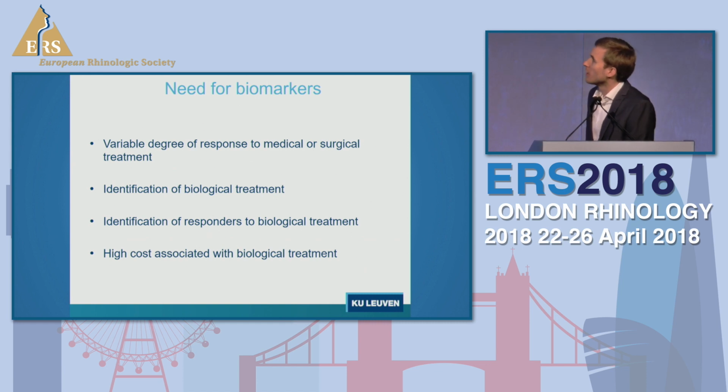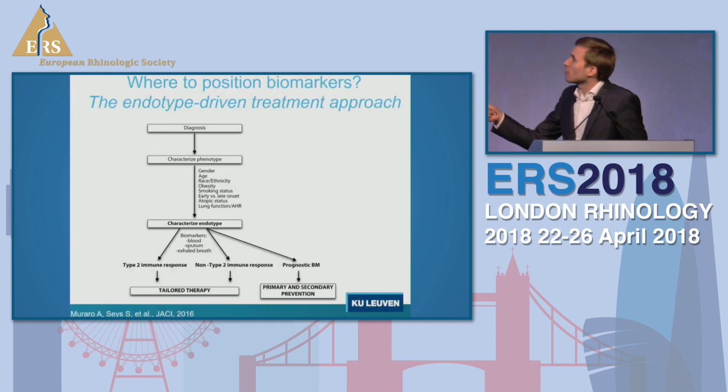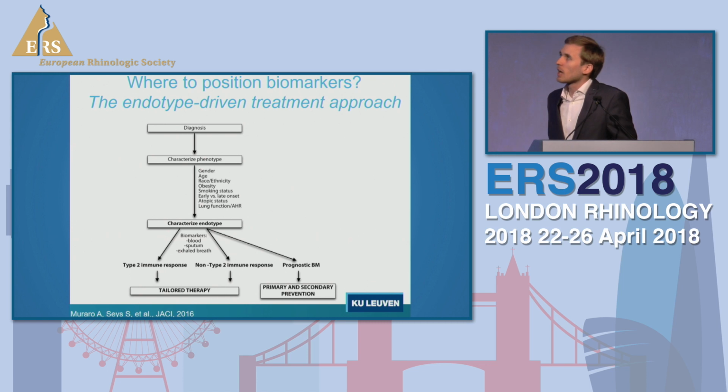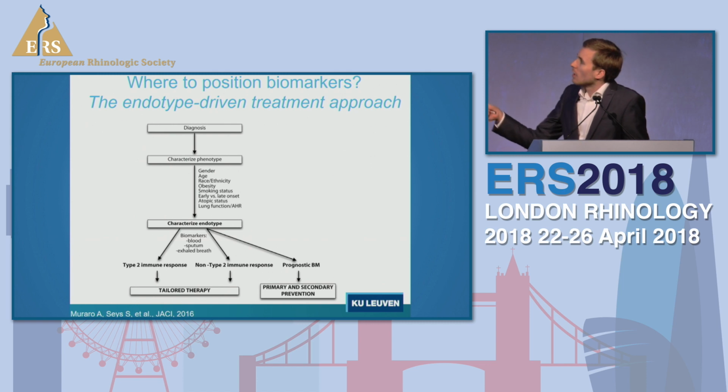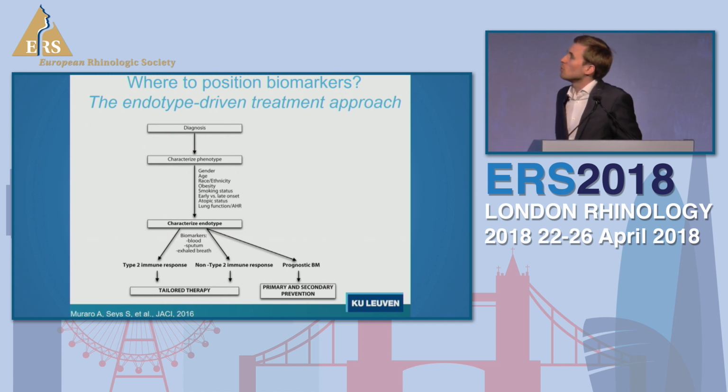So where to position biomarkers? This is the endotype-driven treatment approach that was proposed by a collaboration between the European and the American Academy for Allergy and Clinical Immunology, in which you see that first we need to make a proper diagnosis. This is a really important aspect because some part of the burden of uncontrolled disease is also because of misdiagnosis.